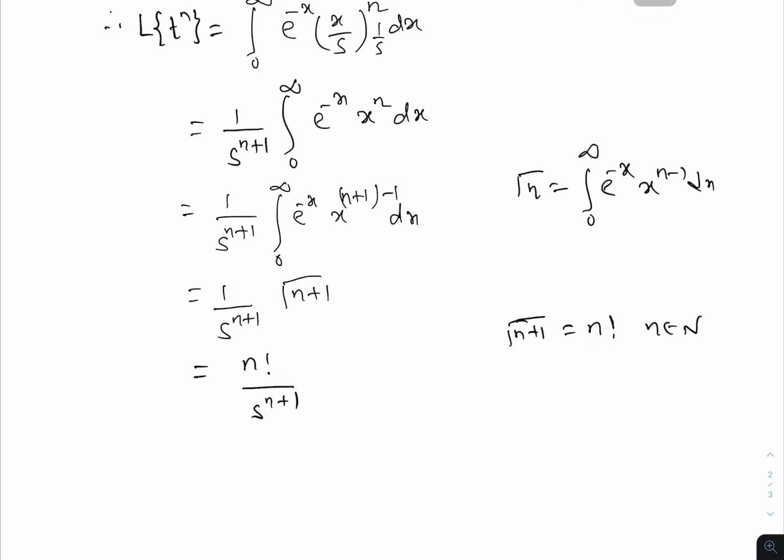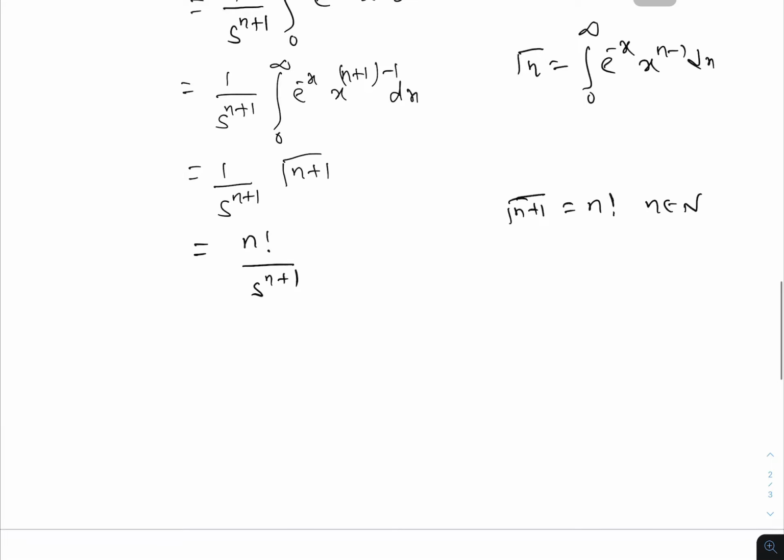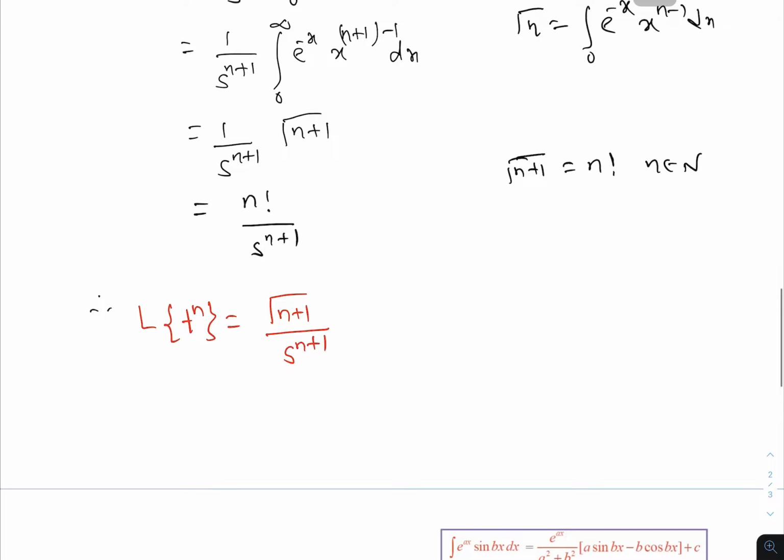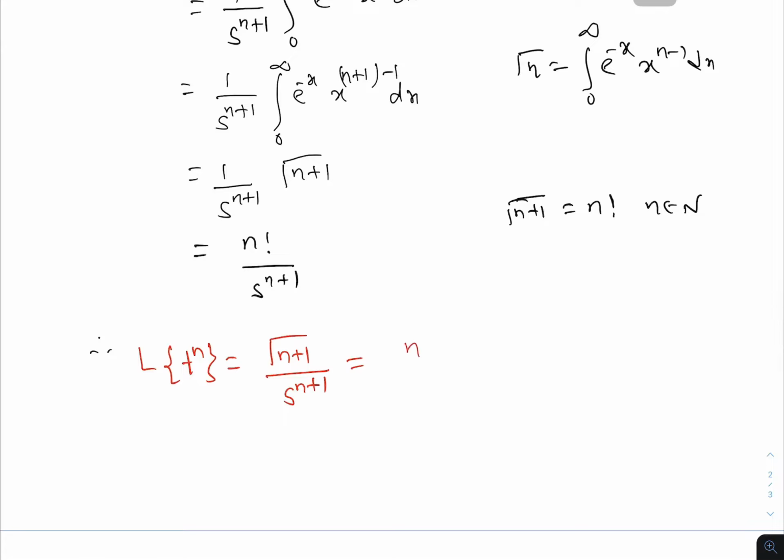So we have the Laplace transformation of t to the power n is equal to gamma n plus 1 over s to the power n plus 1, and if n is an integer, we can have n factorial over s power n plus 1 if our n is a positive integer.